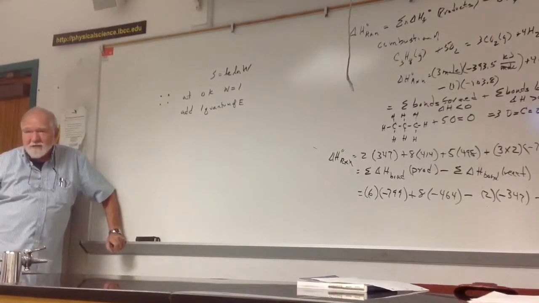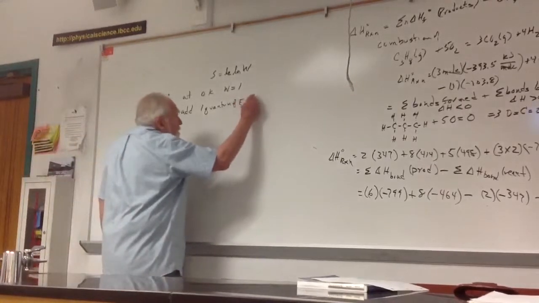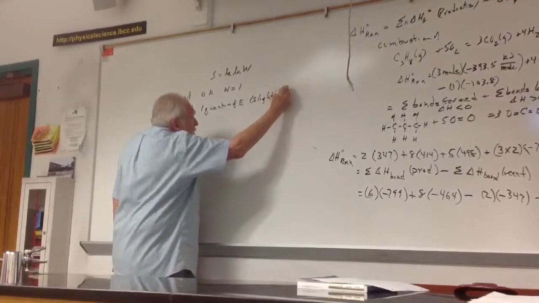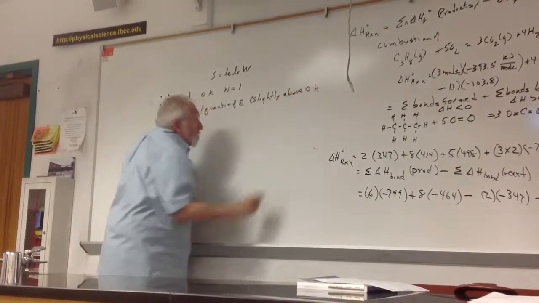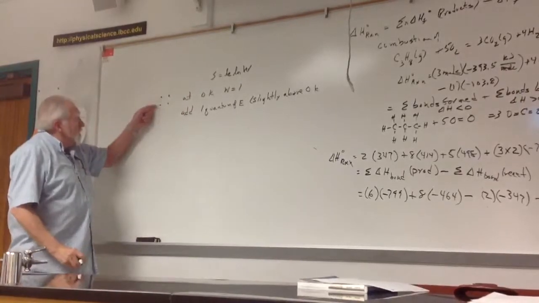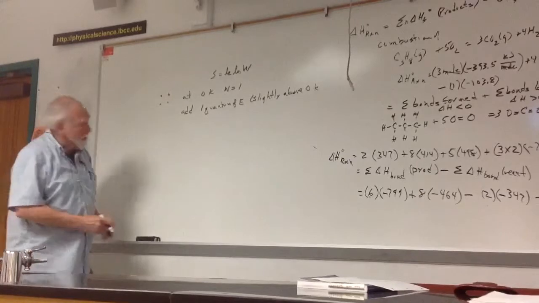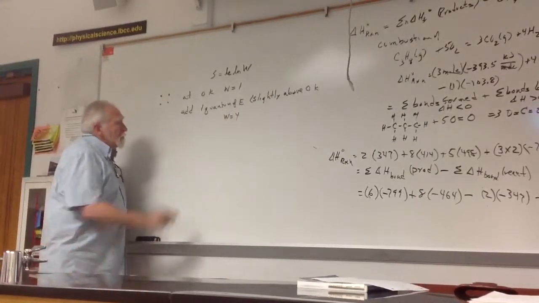Slightly above absolute 0 now. Well, this one could be vibrating, this one could be vibrating, this one could be vibrating, or this could be vibrating. W is now what? 4.